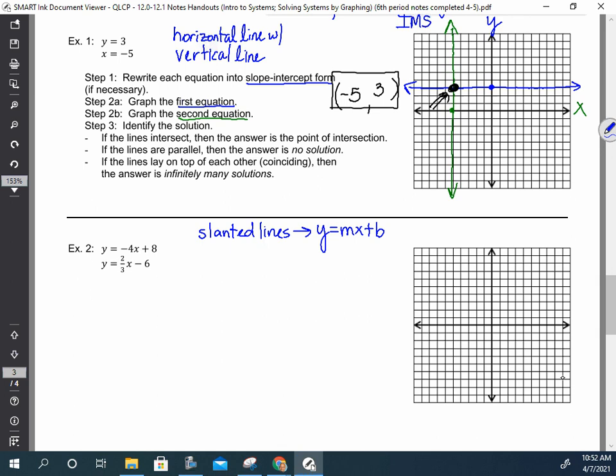We've done a lot with y equals mx plus b. So y equals -4x plus 8. y equals 2/3 x minus 6. First order of business, graph each equation.